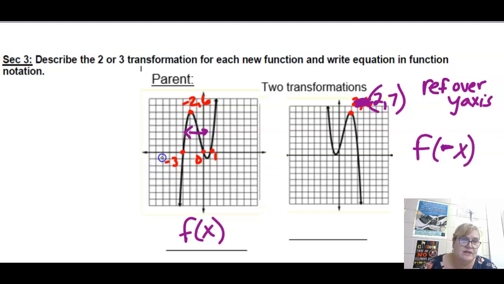And then the other thing that it did is it used to go to 7 and now it's up 1. And this used to cross here at -3. And it's here and here and here. So after it flip-flopped across the y, it also shifted up 1, which is why this ended up here. Up 1 would be a +1. All right, so that was tricky.